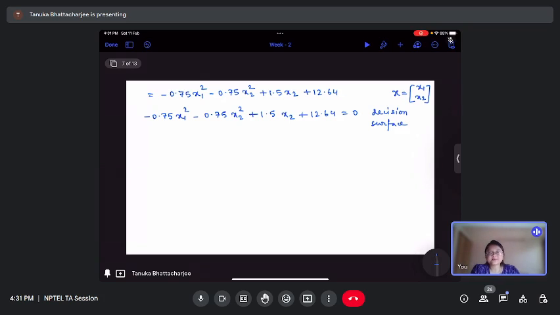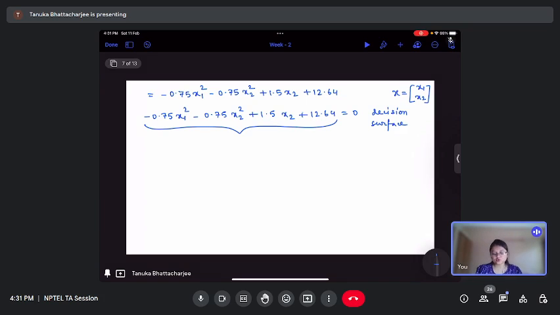Now you can simply check whether you have computed this derivation correctly or wrongly. If the value of this term g1x minus g2x is positive, then your g1x is higher, so the sample should be from class 1.